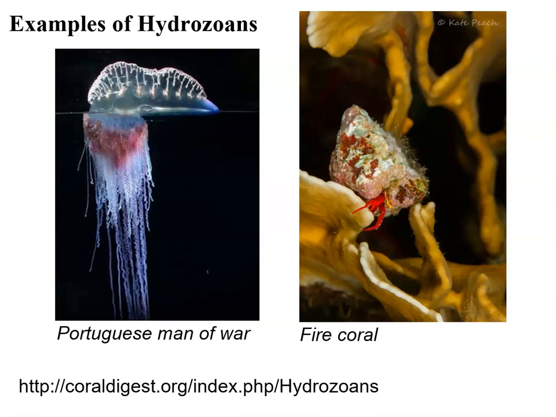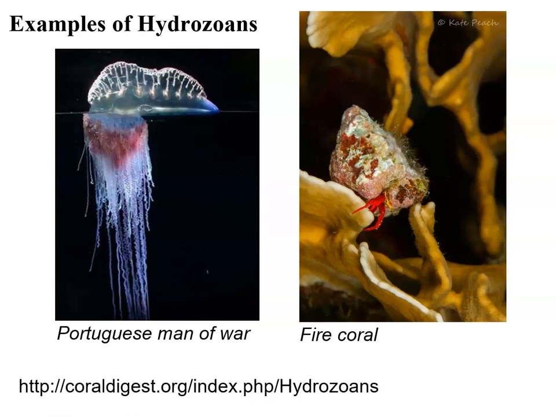It's in the same phylum, it is cnidarian, but it doesn't belong to the same class as the jellies, which is our next class, the scyphozoans. In fact, Portuguese man-o-war is actually a colonial organism. So its body, although it looks like one organism, is made of many hydrozoans, all living together in a colony.